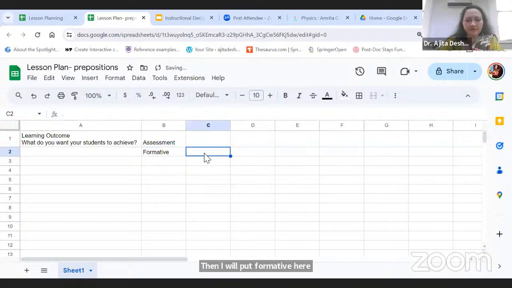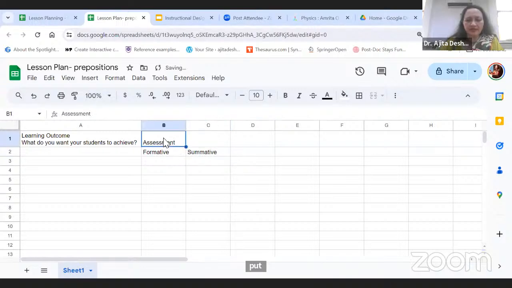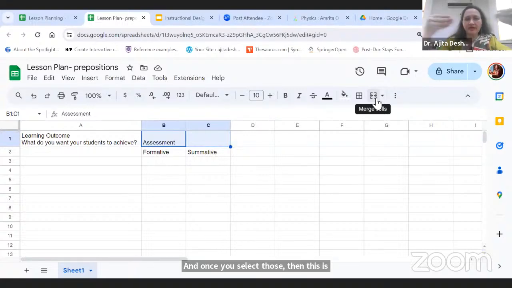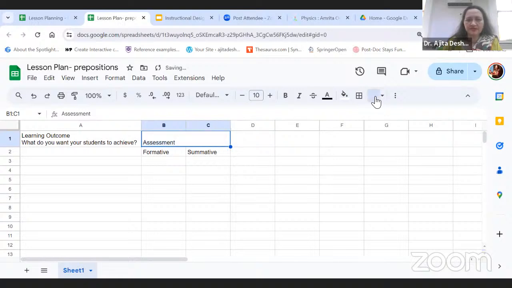Then I'll put summative here. And then I'll take this cell and this cell, shift and forward arrow. These two cells are selected. And once you select those, then this is the key. You see the two arrows like this. Merge cells here. I'll just click it and it comes as one cell.